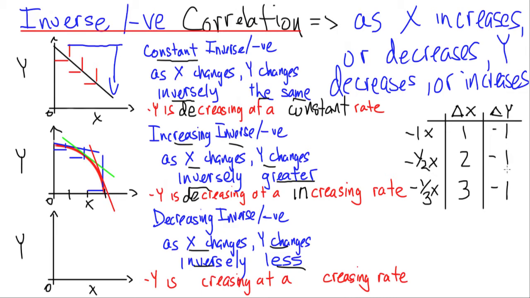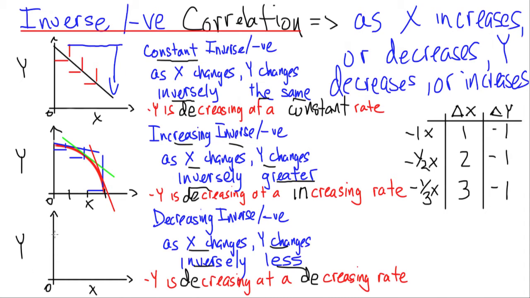So y is changing the same amount, but x is changing greater amounts. Try graphing this. And so how can you think of y decreasing at a decreasing rate? Here's a different way to graph the relation.